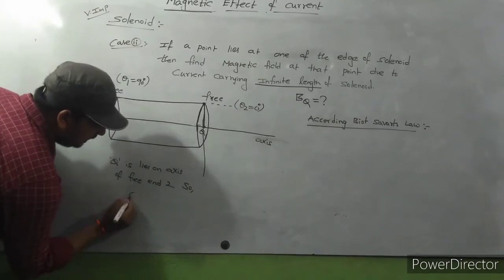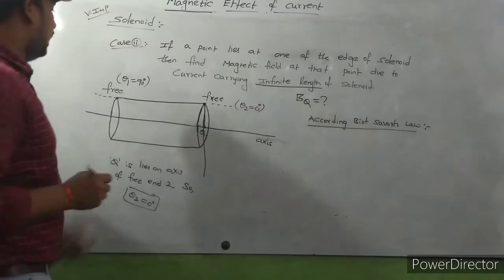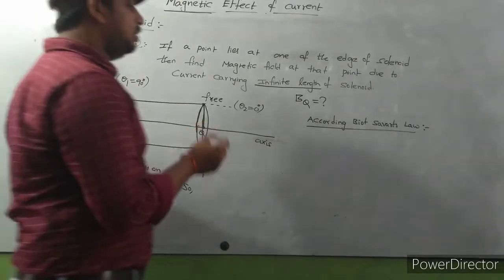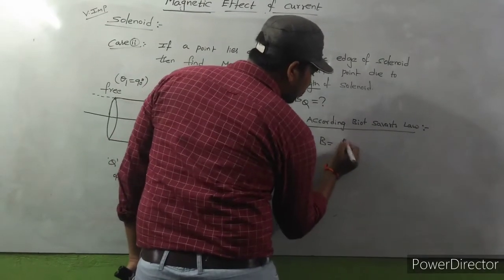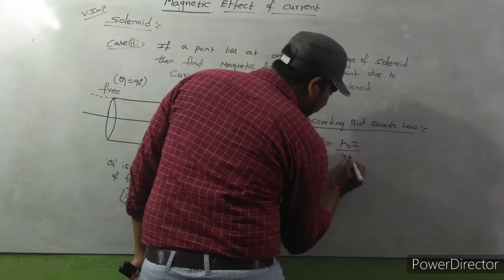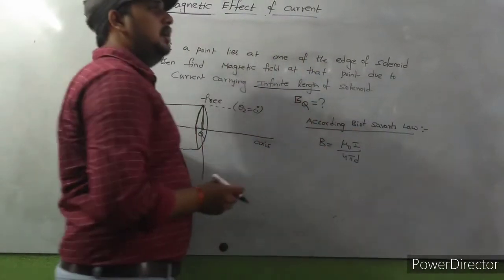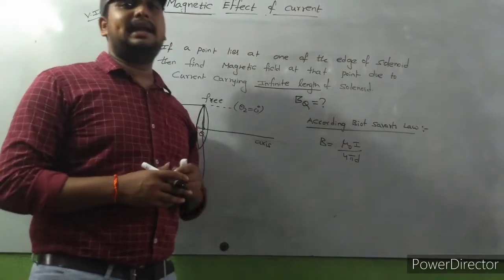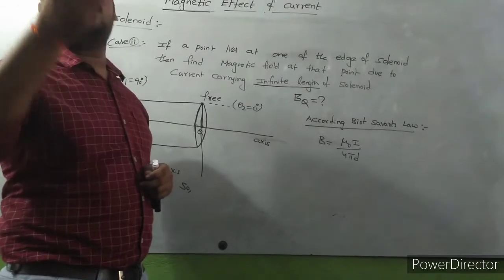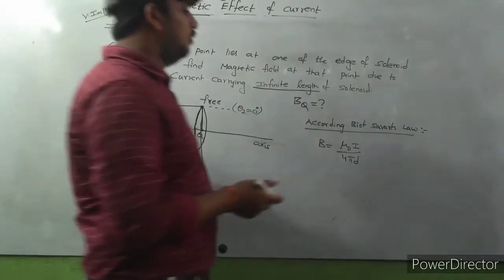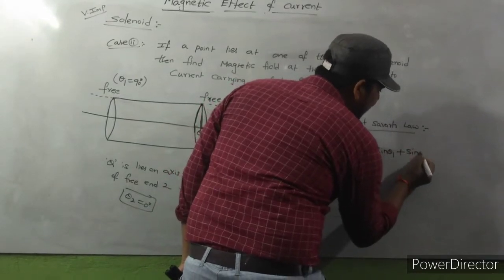So theta 2 is equal to 0 degrees and theta 1 is equal to 90 degrees. According to Biot-Savart's law, the magnetic field due to a long straight wire is B equal to mu naught I by 4 pi d into sin theta 1 plus sin theta 2.